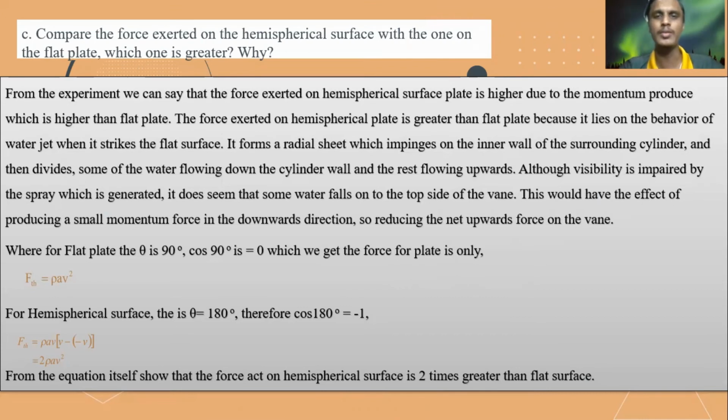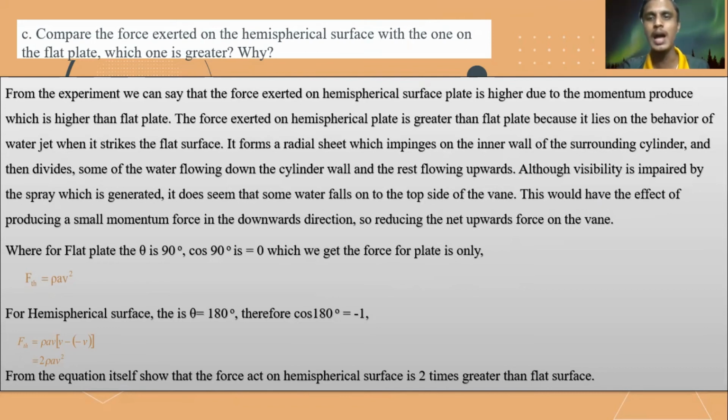It forms a radial sheet which impinges on the inner wall of the surrounding cylinder and then divides, some of the water flowing down the cylinder wall and the rest flowing upwards. Although visibility is impaired by the spray, it seems that some water falls on the top side of the vane.